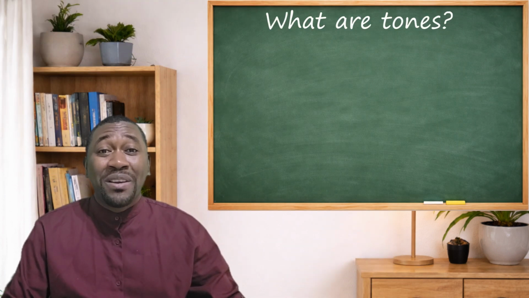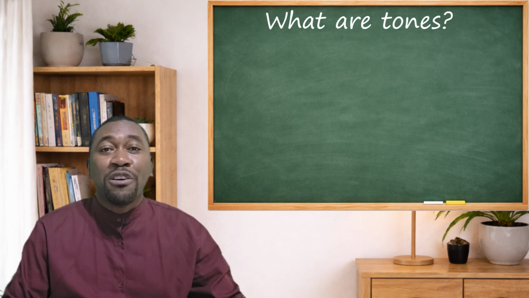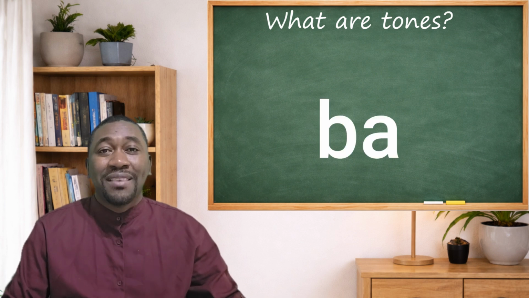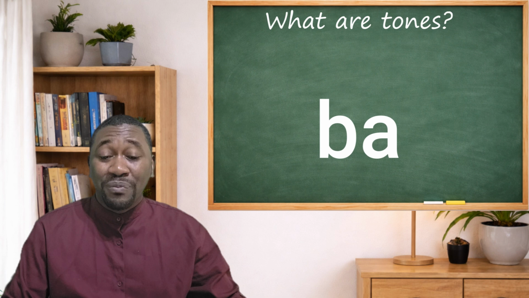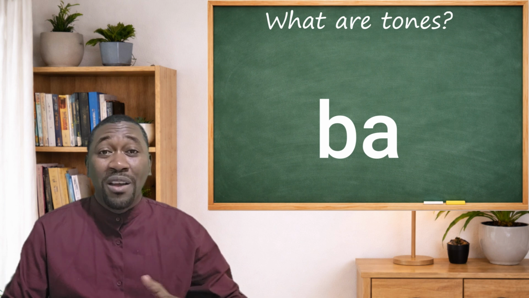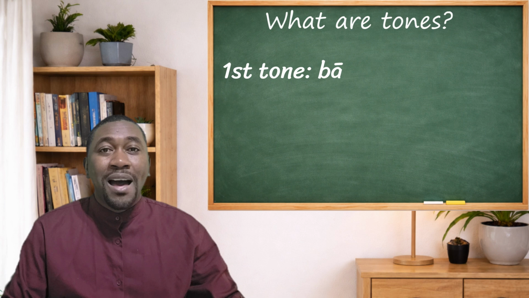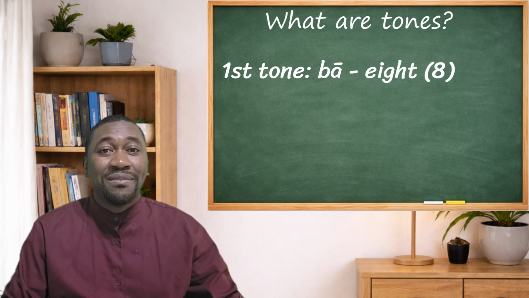Chinese is a tonal language. That means pitch changes the meaning of words. Let's take, for example, the sound of ba. Depending on the tone, it can mean one of several things. For the first tone, ba, that means 8, the number 8.